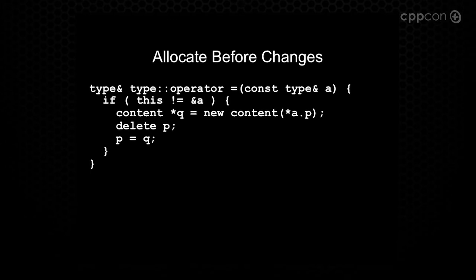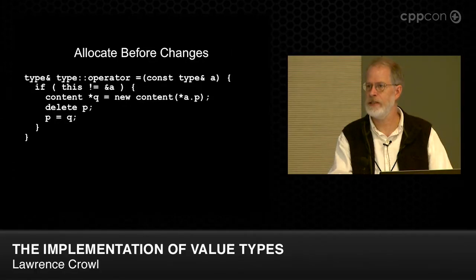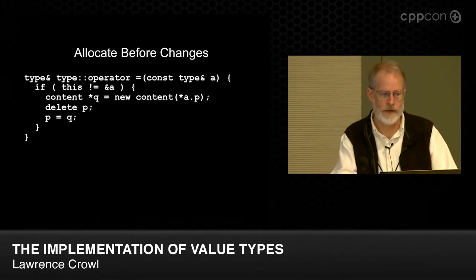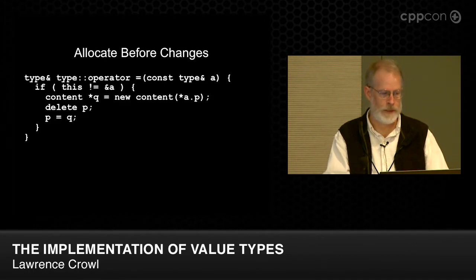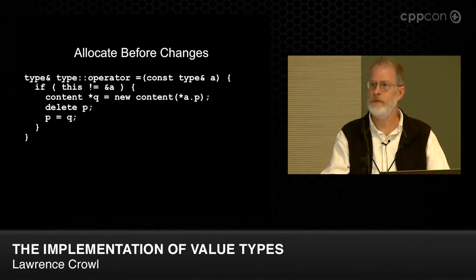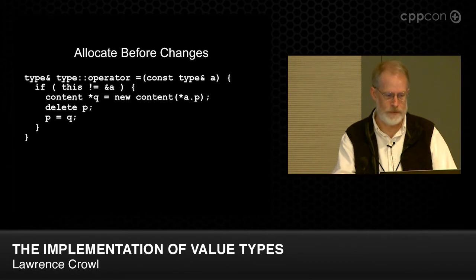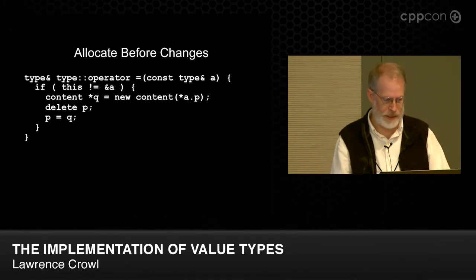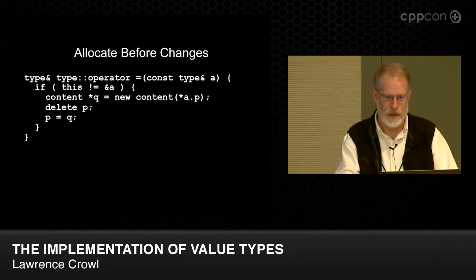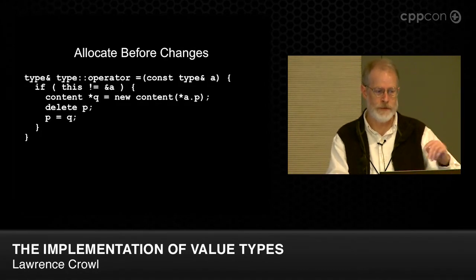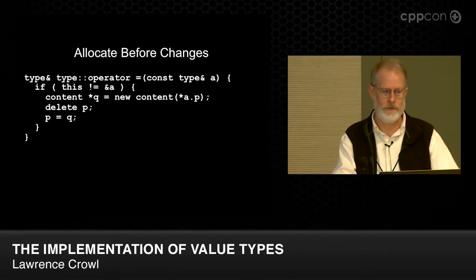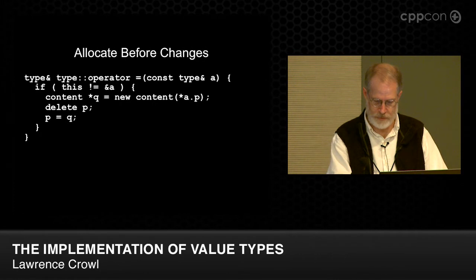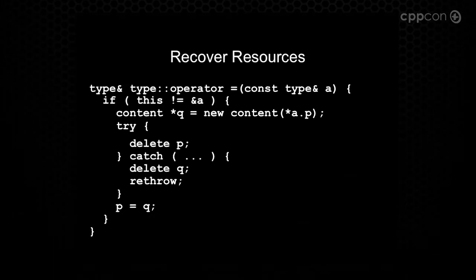Do all your resource acquisition, all of your allocation, before you make any changes to the type that's getting modified. And then, once you've done that, you can do the switch and start deallocating resources. Because if you don't do this, then you'll delete before you have the actual data.